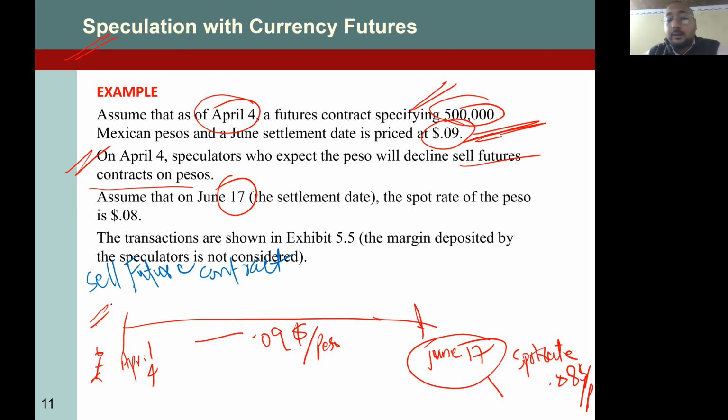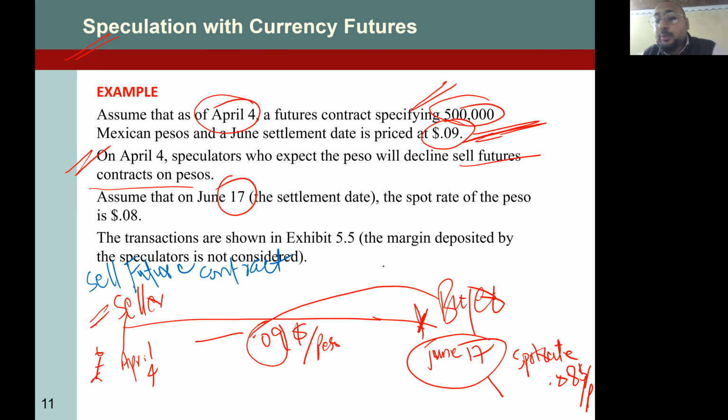So here is a seller, and at the other end is a buyer. Because this is a contract, the buyer must buy at the contract rate of 0.09. So what about the seller? If the seller has these 500,000 Mexican pesos, he will sell to the buyer at 0.09.